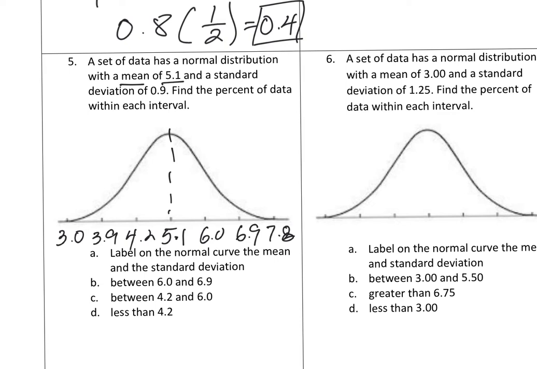So remember that rule of 50% going up this direction, 50% here. So that's the bottom 50% here. This is the upper 50% from that line. And we had that rule of in the middle is 68.